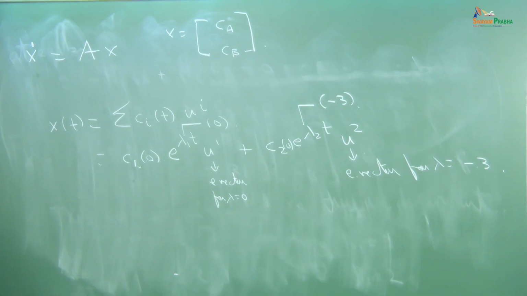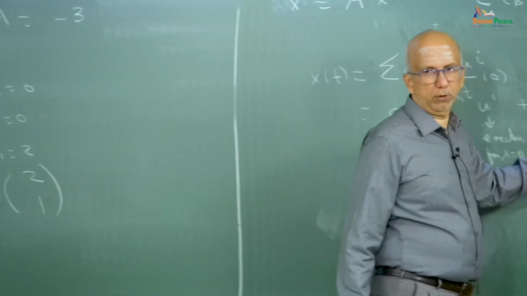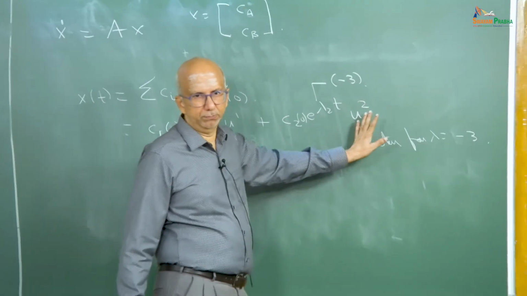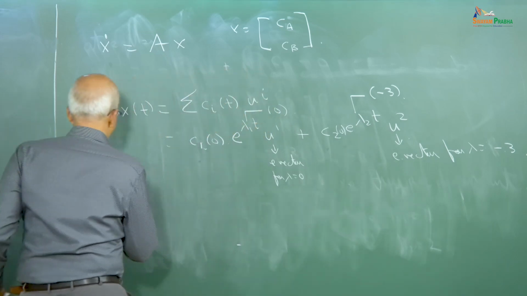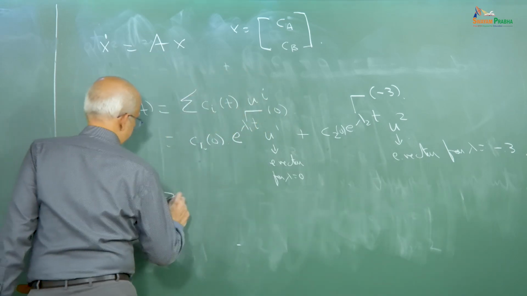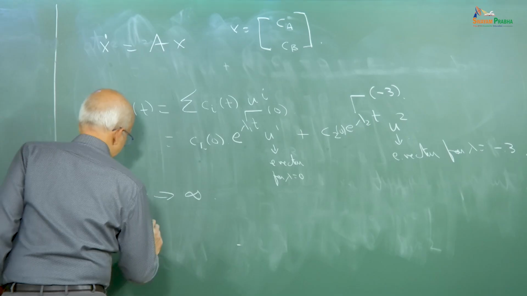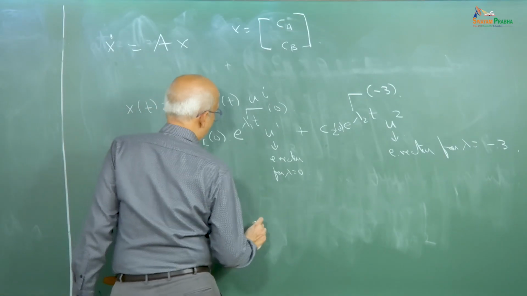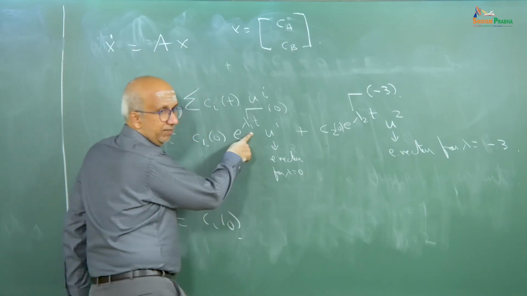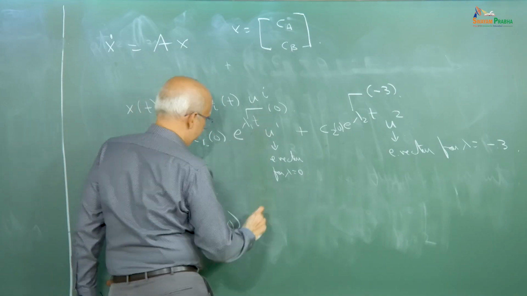So, as t goes to infinity, this is not going to contribute because e power minus infinity will be 0. So, as t goes to infinity, x of t will be C1(0) times u1, since lambda 1 is 0 anyway.